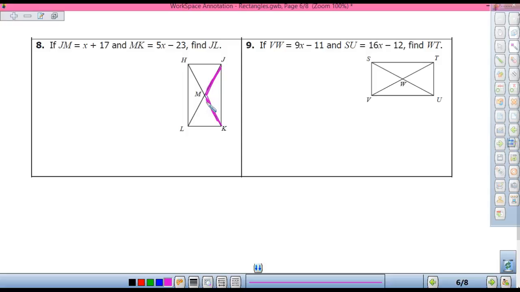Alright, this one we need to talk about because VW is the little guy, and SU is the whole thing. So what do we have to do? Yeah, double VW, so 2 times 9x minus 11.